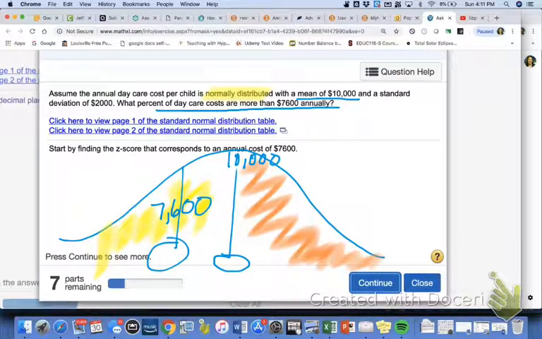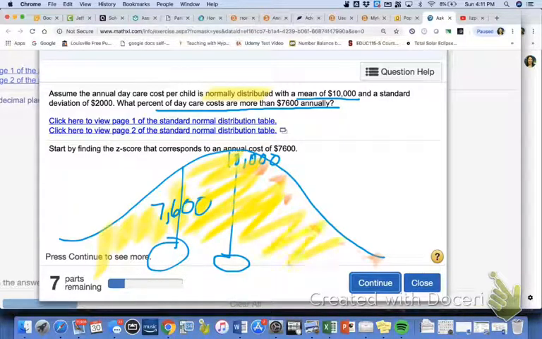Okay, so in other words, if we were to lay out a normal curve, what percent of all of these people are right here to the right of 7,600? I'm sorry, I said to the left, but it says what percent are more than 7,600.